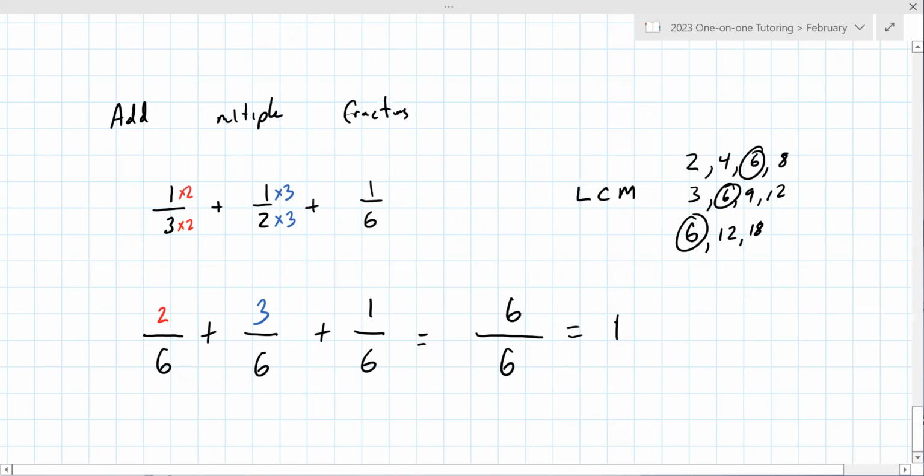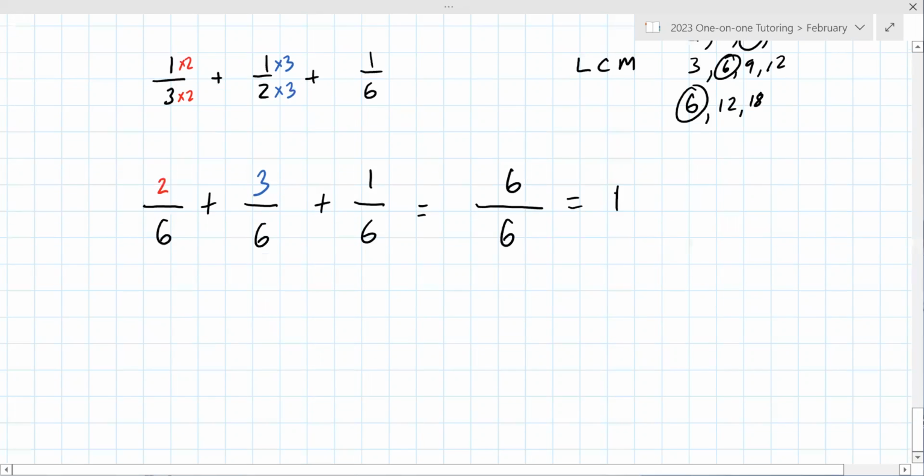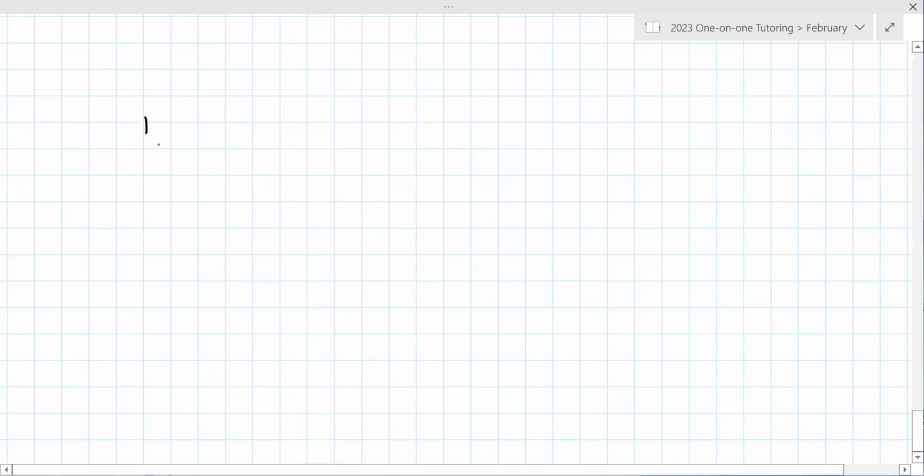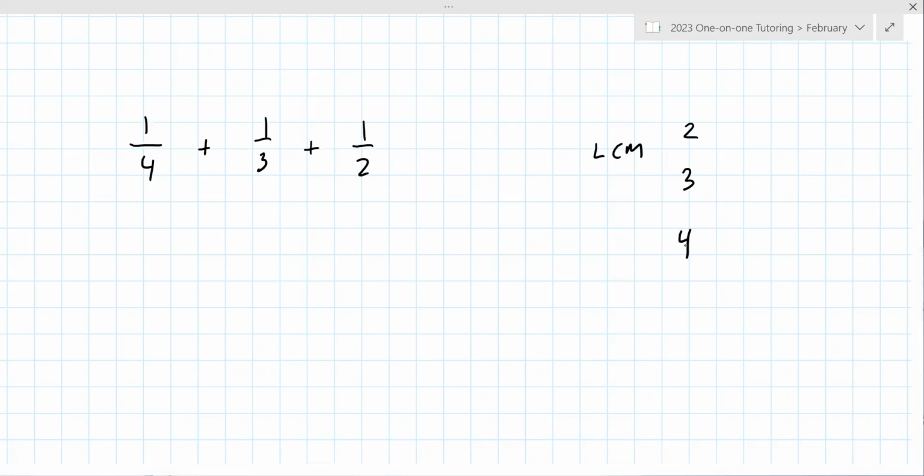Okay, so let's look at another example here. Let's say I want you to add 1/4 plus 1/3 plus 1/2. So you look at the three bottoms, the 2, the 3, and the 4. And you start writing out multiples of each until you get a couple of each.